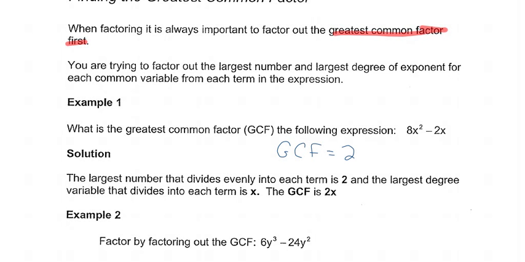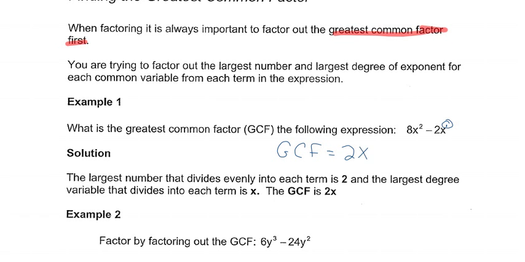Do you have a common letter between both terms? What is it? X. Now, x has either x squared or x to the power of 1. You're going to have to take the x to the power of 1, because otherwise you won't be able to divide this properly. So you always look at the letter that has the lowest exponent, and that's going to be part of the greatest common factor. So my greatest common factor is going to be 2x.